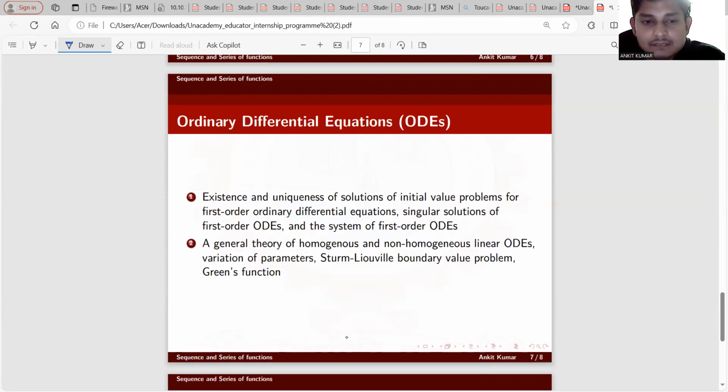Now, I will cover the applied mathematics part, which is ODE, and it comes in unit 4 of the CSIR NET exam.